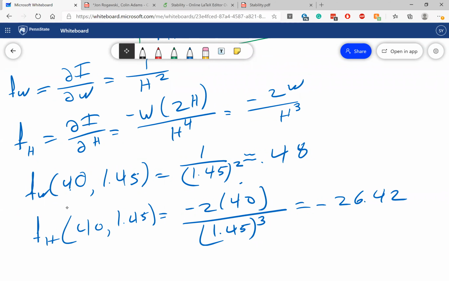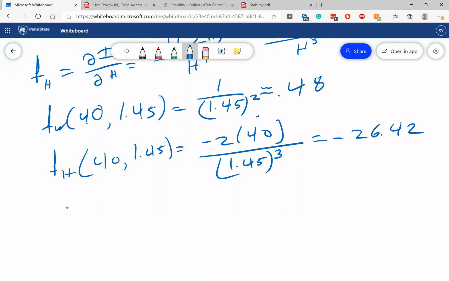So now I can rewrite this as my change in Z, my delta Z, which is Z minus Z0.